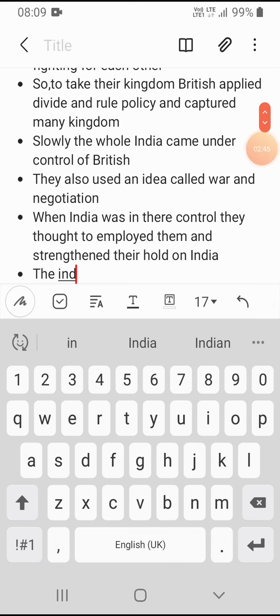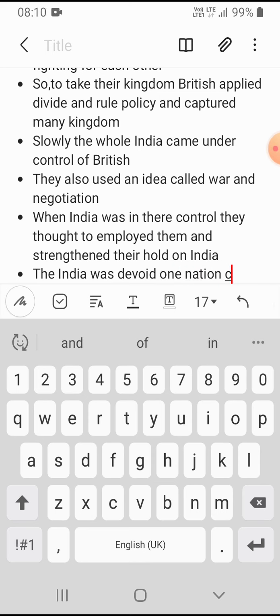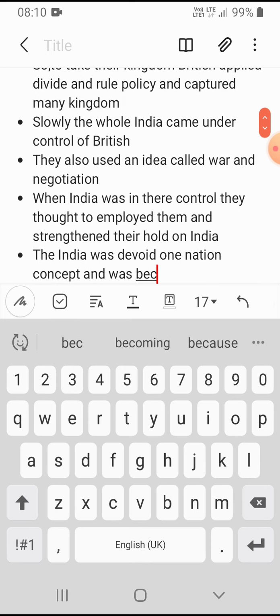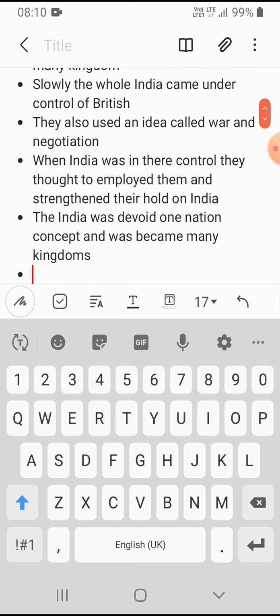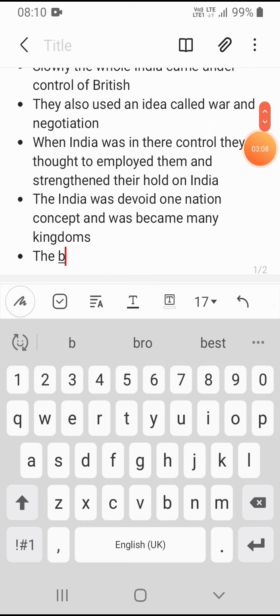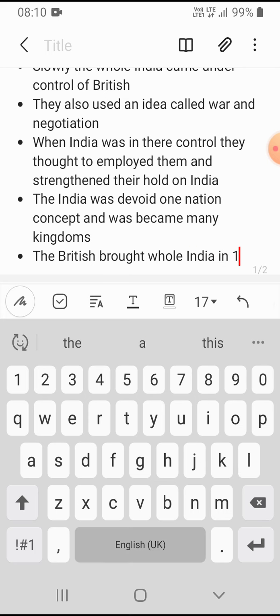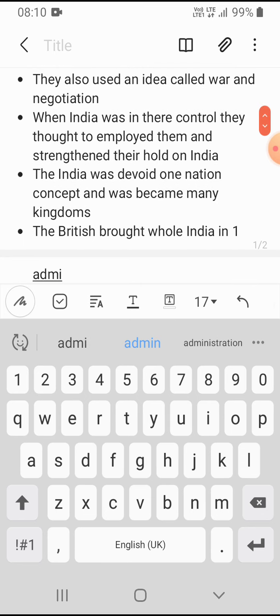India was devoid of the one nation concept and became many kingdoms. The British brought the whole of India under one administration and political structure.